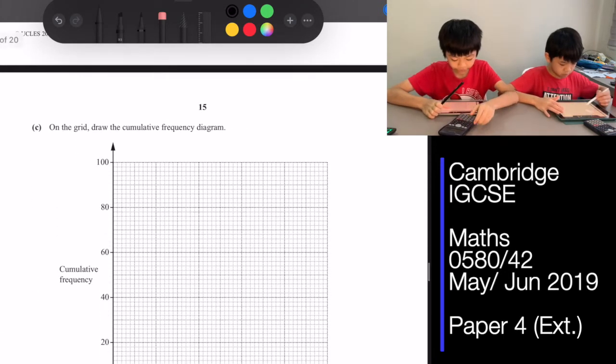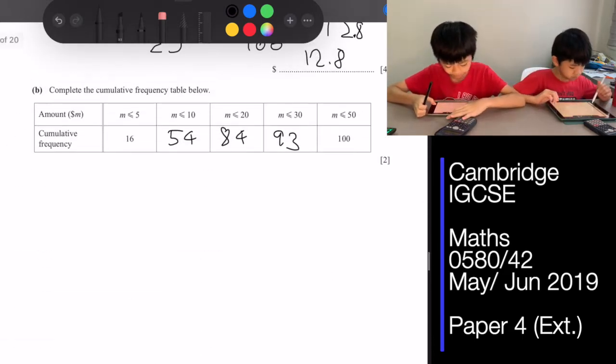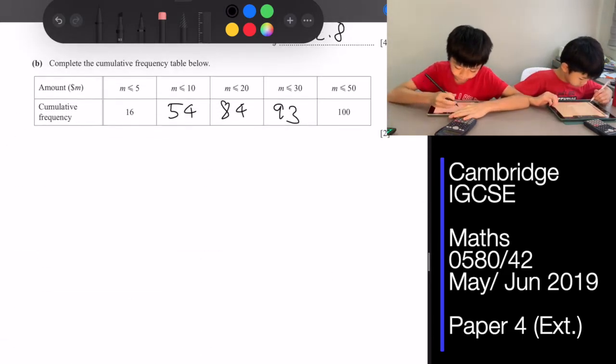On the grid, draw the cumulative frequency diagram. Alright, we go back up to the cumulative frequency.